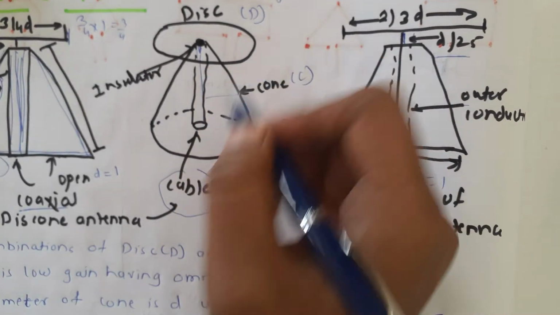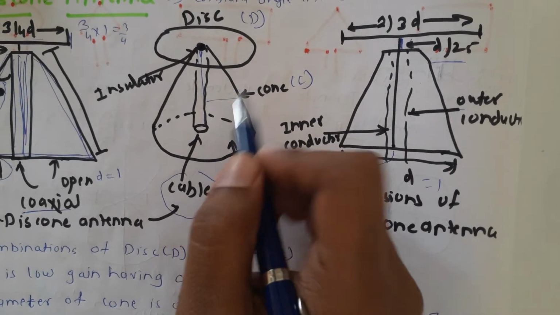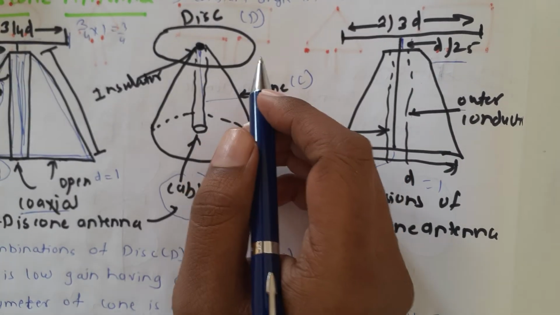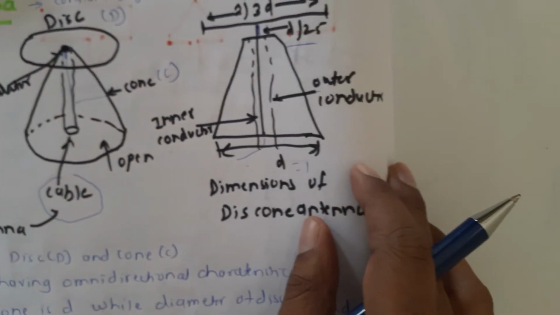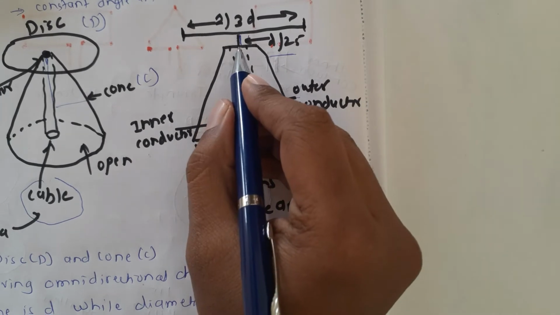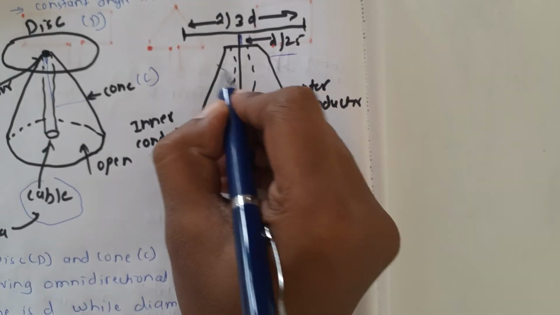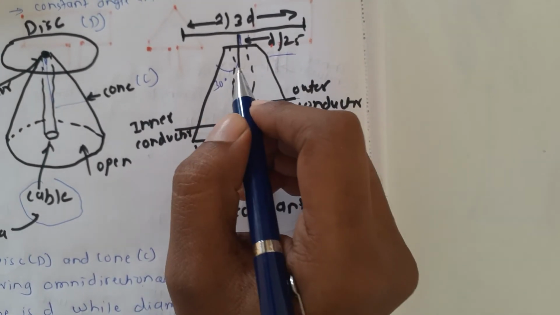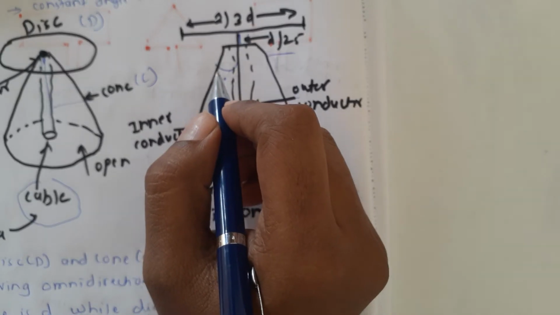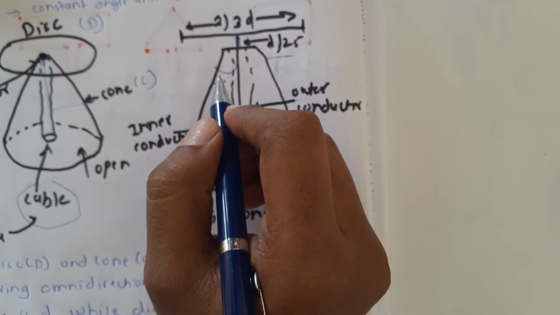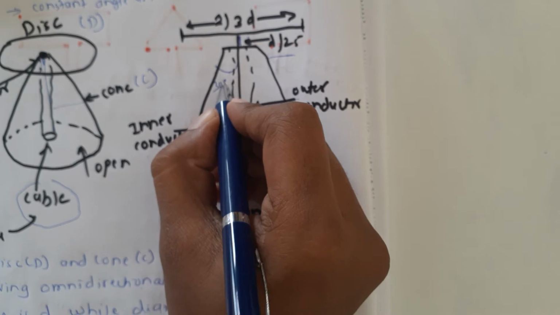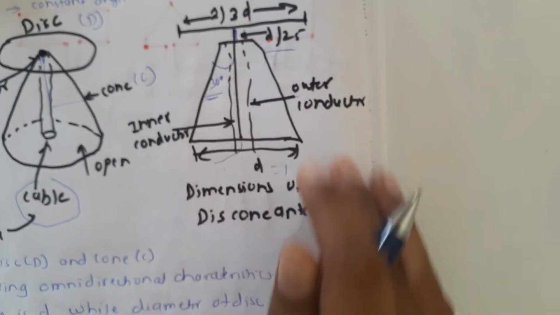So for the inner conductor we have to apply the signals. The angle between the inner conductor and the cone is 30 degrees. We also call this a constant angle antenna, because this angle is constant, that is 30 degrees.